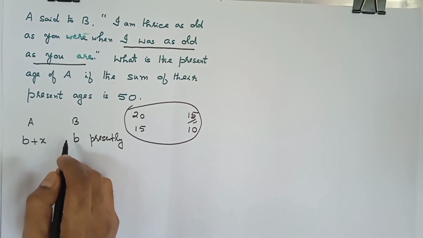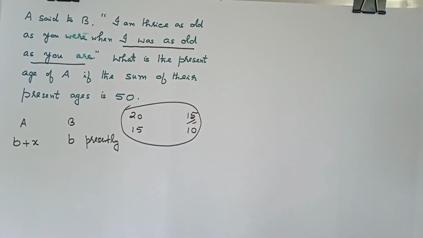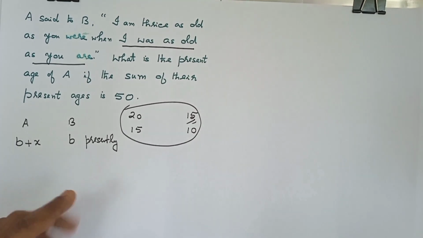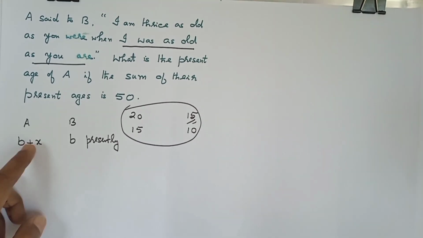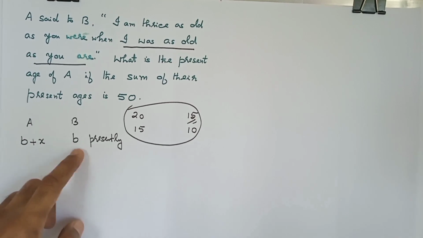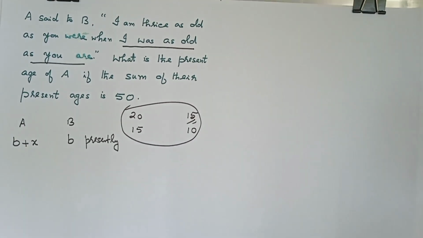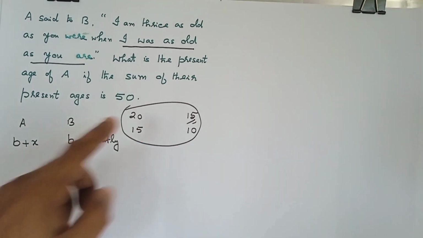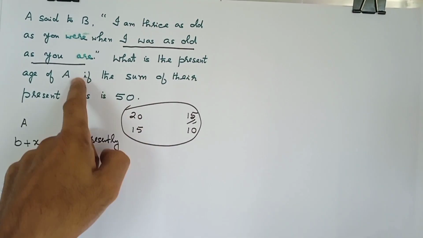So there are two unknowns. If there are two unknowns, we need to frame two equations to solve these two. Finally, you're finding the age of A. For that, you need to get B and X. Let's frame two equations. Now, one equation you can readily form from the last part of the problem.